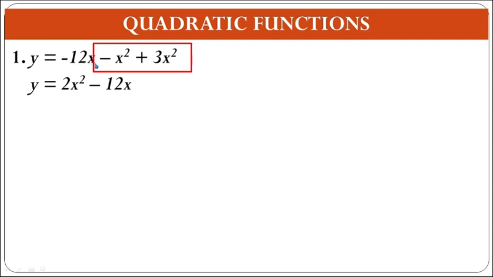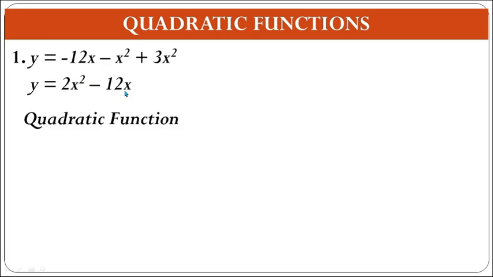So, minus 12x. So, ano yung ating degree? 2. Therefore, yung ating given function is quadratic. So, let's identify the values of a, b, and c. Yung ating a is 2, b is negative 12, and c is 0. Why is it 0? There's no constant in here.